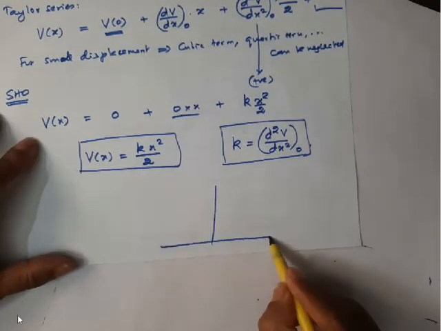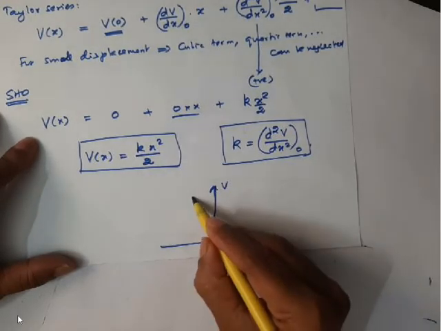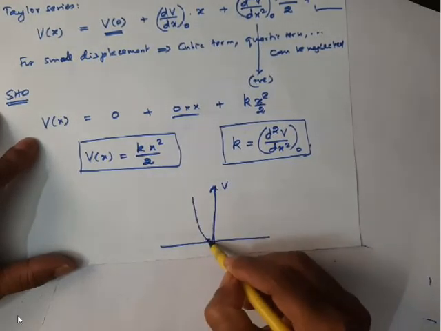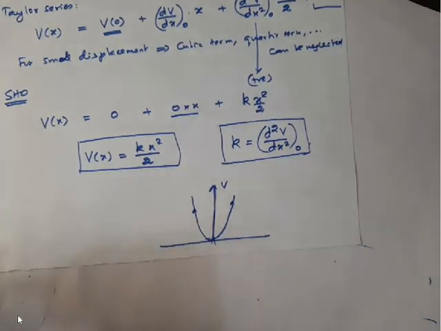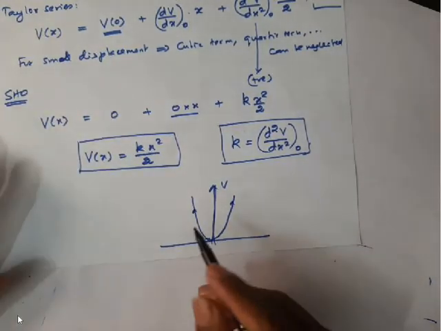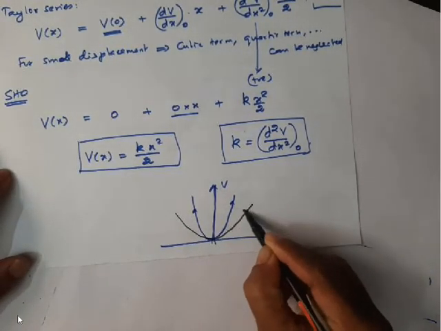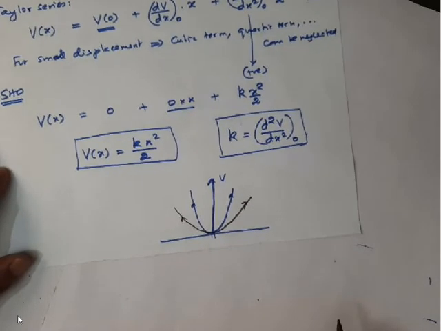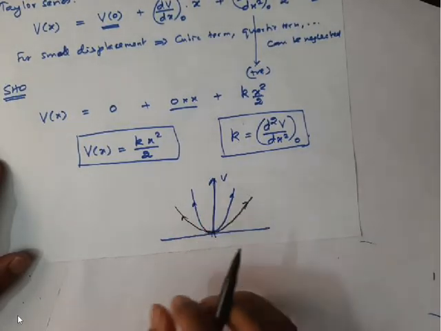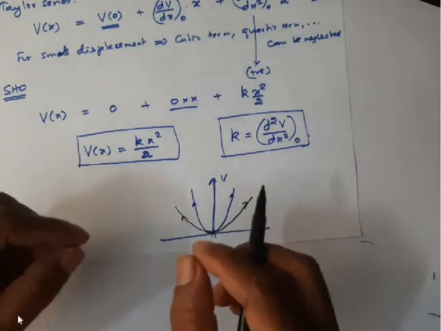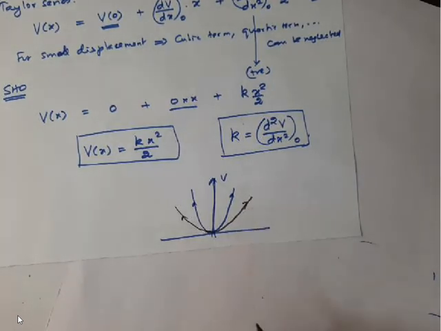Suppose this is the potential energy. Suppose I take a molecule having a parabolic potential energy like this, and another molecule which also has a parabolic potential energy, but it appears like this. Now the question arises: which molecule has a stronger bond, this curve or this curve?